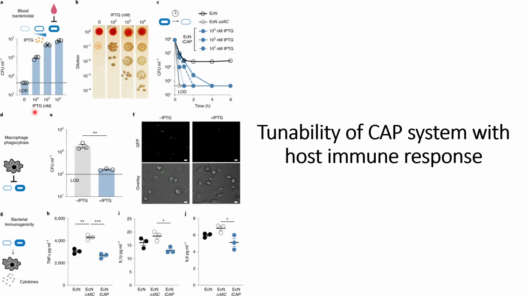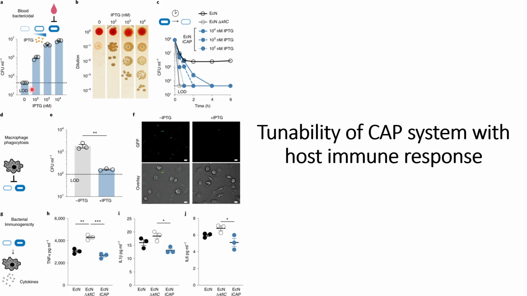So how they checked the tunability is that they used their iCAP system in human blood along with the bacteria, and checked its survival rate at different IPTG concentrations. They were able to see that when there is no IPTG, the amount of bacteria is below the level of detection.